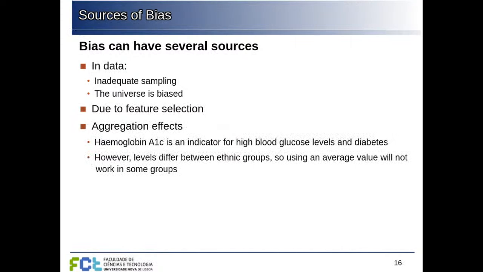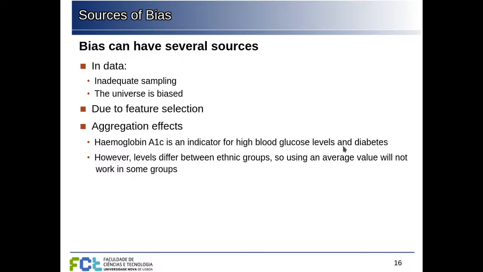Another source of bias can be aggregation effects. We consider the average and disregard that different subgroups have different characteristics. One example is this hemoglobin variant, a glycosylated variant of hemoglobin that has been bound to sugar, and this can be used as an indicator of high blood glucose levels.